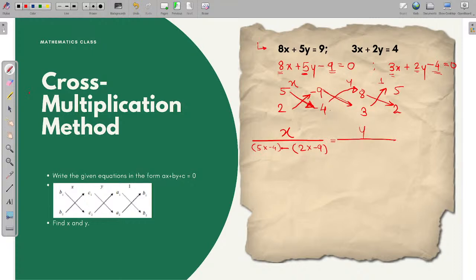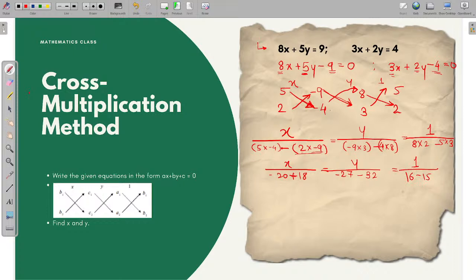For y multiply minus 9 into 3, and then y upon minus 27 minus 32 is equal to 1 upon 16 minus 15. So I'll get 1 upon 1, correct?